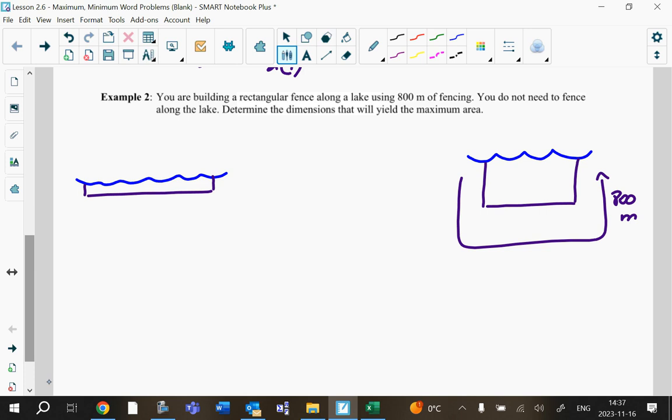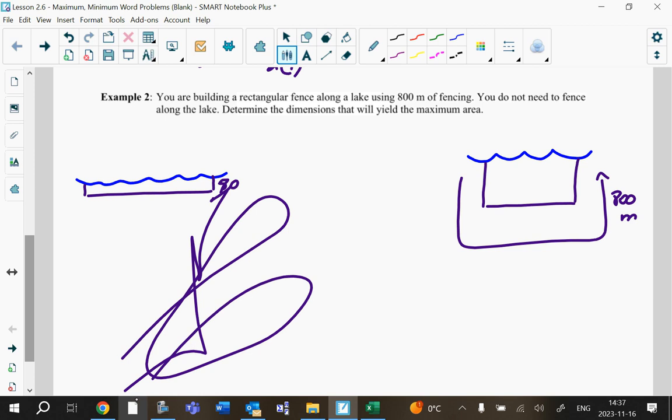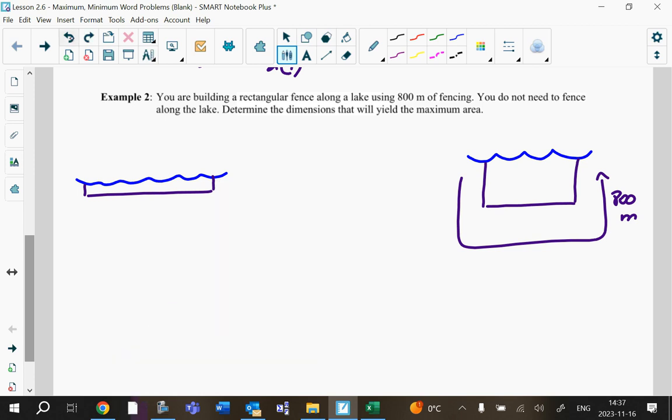Let's say I've got 800 meters of fencing, and I used 50 there, which means I'm going to use 50 here, which means this is how much? What's my total amount of fencing? If I've used 50 and 50, 700.